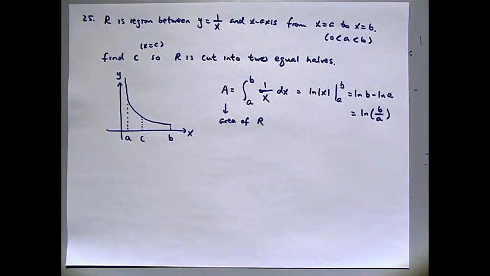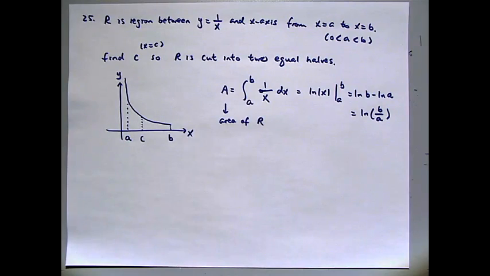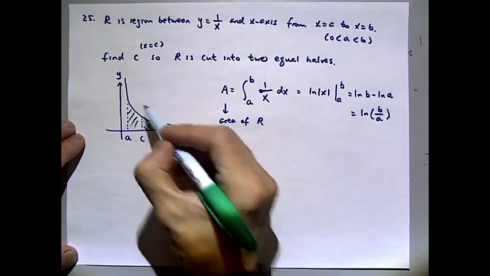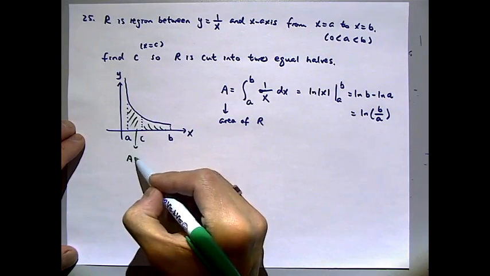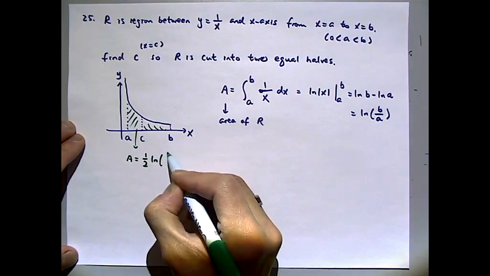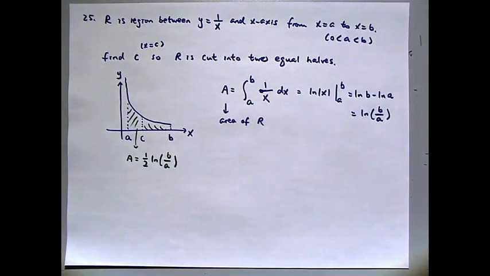And now this c here is supposed to chop this into two equal halves. So each of these two halves is going to have an area of 1/2 of natural log of b over a, because that is the entire thing, right?